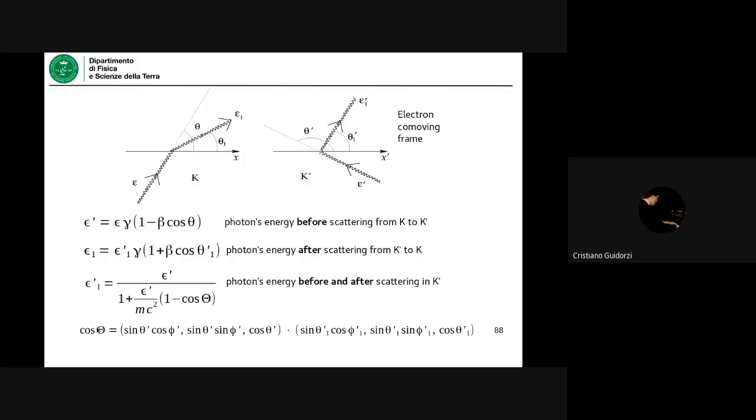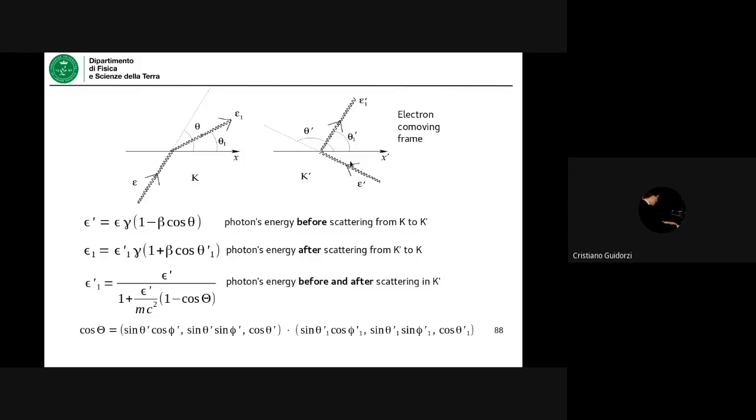So the cos capital theta is the scalar product. You see here, I wrote the two unity vectors as a triad of the three components. The three components are the three spherical components. If I consider the x prime axis as the polar axis, you see that the z component, so the polar component, is just the cosine of the angle between the corresponding unity vector and the polar axis.